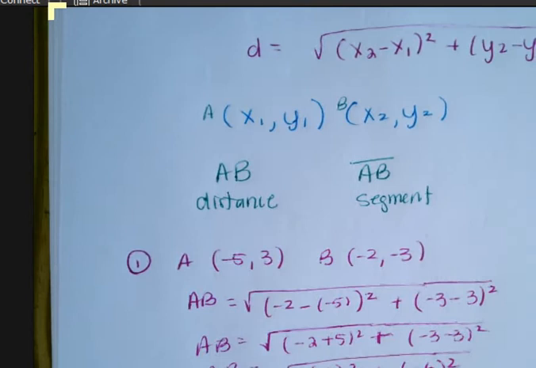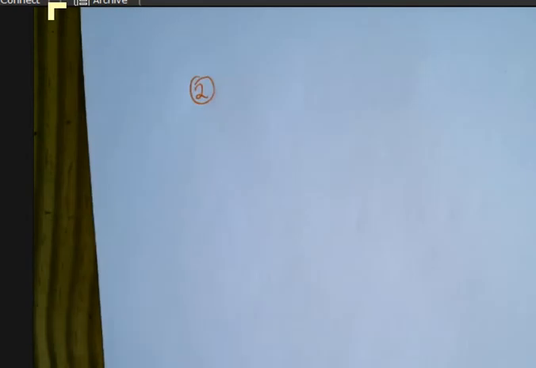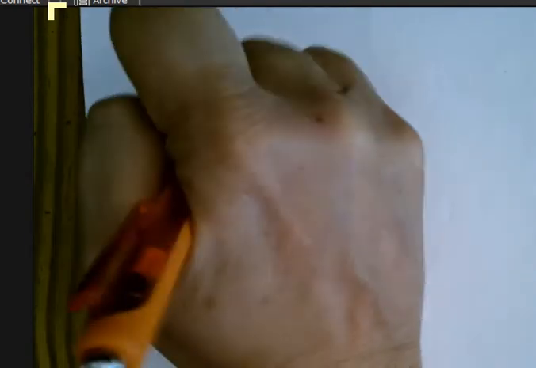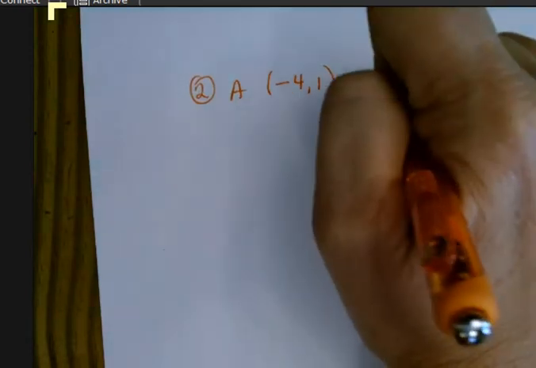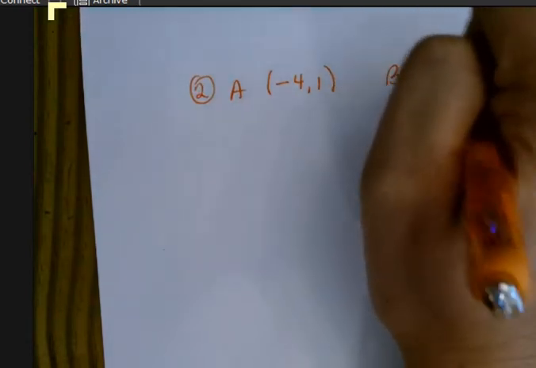Okay, let's look at number 2. Work this while I'm working this. Let's have these ordered pairs. So A, I want to use -4, 1. B, I want to use 3, -1.